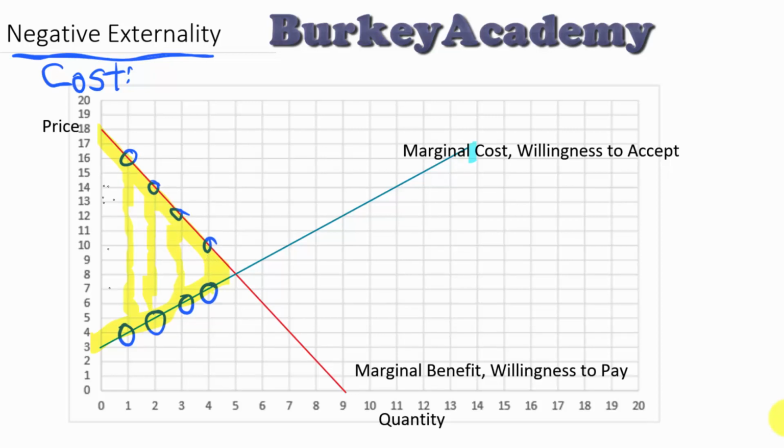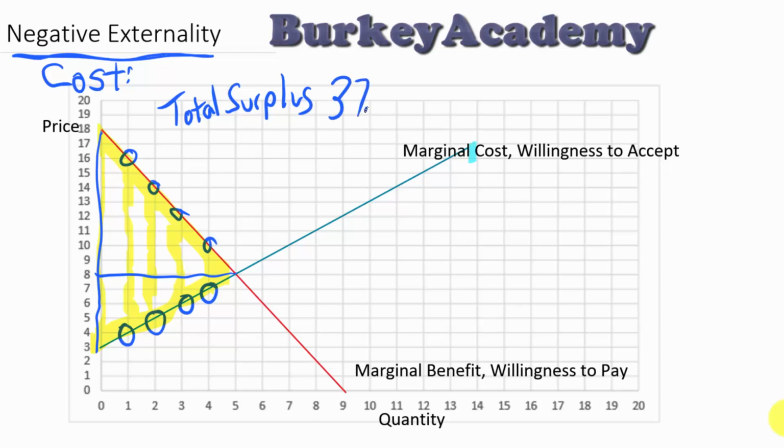And when we add all those up, we get the area of this yellow triangle here, and we call that the total surplus. Now in this case, the total surplus appears to be 1/2 times the base here, which is 15, times the height, which is 5. And that total surplus, that area, is 37.5.